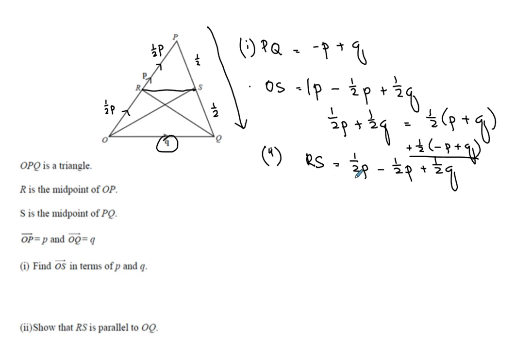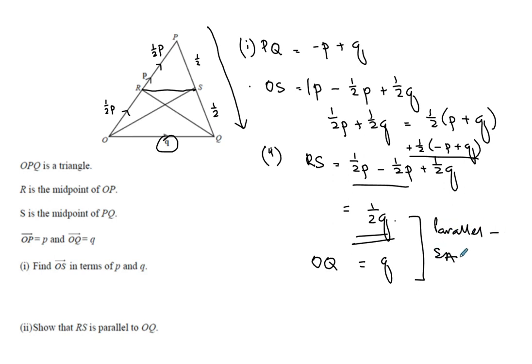You can tell these two cancel out, so all you're left with is half Q. And that is parallel because you can see OQ equals Q, and it means it's parallel. Same root.